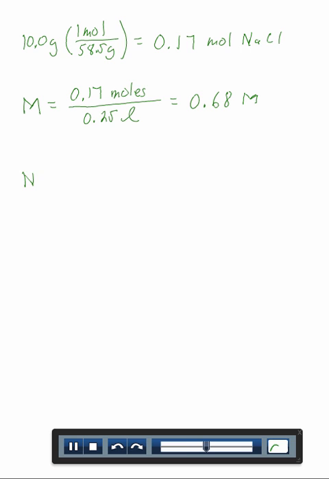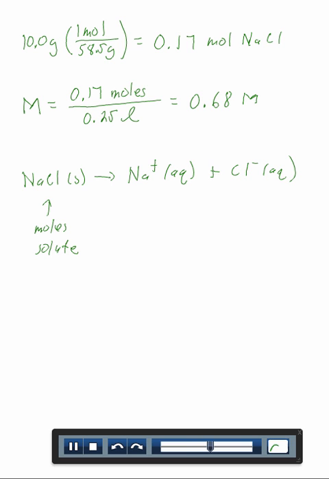Now when sodium chloride dissolves, it breaks up into sodium plus ions and chlorine minus ions, and we determine the moles of the solute. What if we wanted to know the concentration of sodium plus ions in solution?